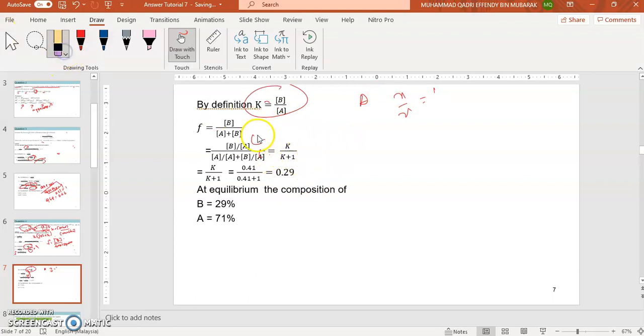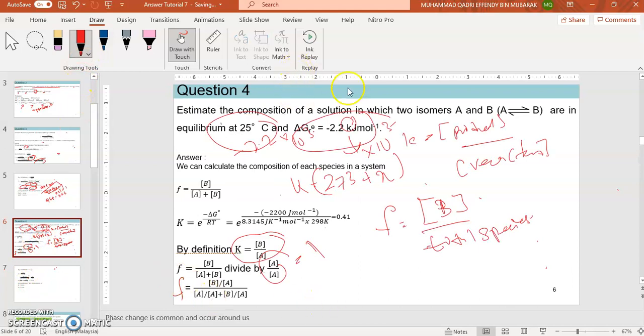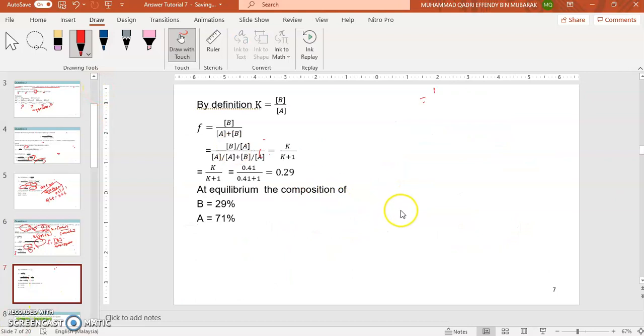In the previous calculation, we know that our K is 0.41. So we substitute K with 0.41, and we have 0.41 over 0.41 plus 1. That's why we have the fraction of B as 0.29.